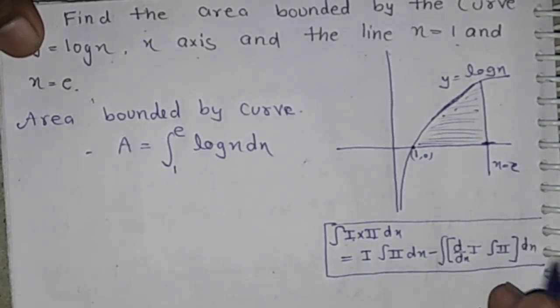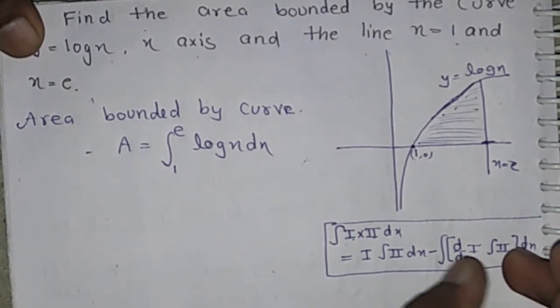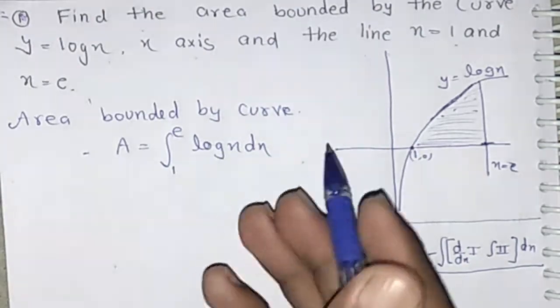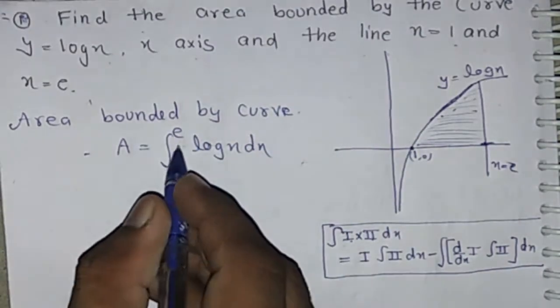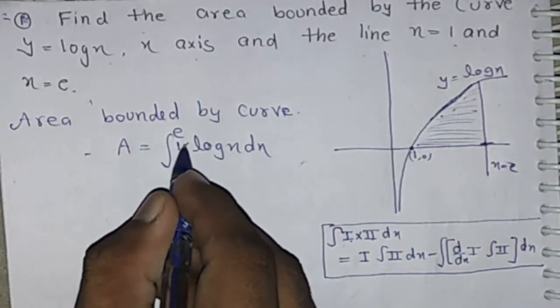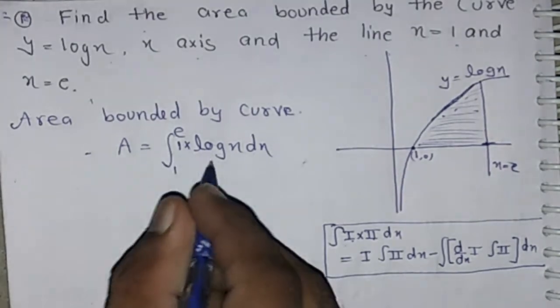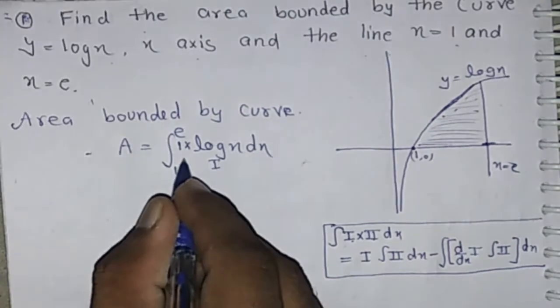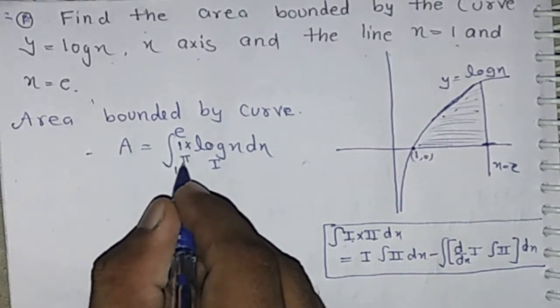Firstly we let what is the first function. Suppose it is 1 into log x, then the first function is log x, the second function is 1.